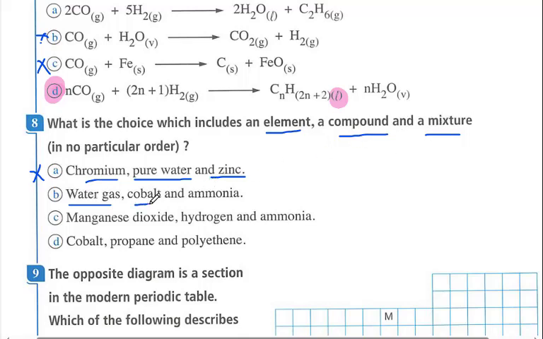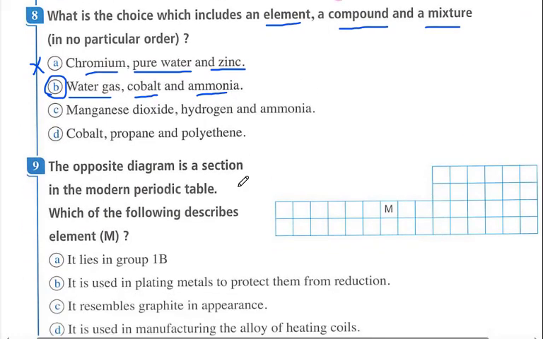Cobalt is an element, and ammonia NH3 is a compound, so this is the correct answer. We have to choose the choice which provides an element, a compound, and a mixture.